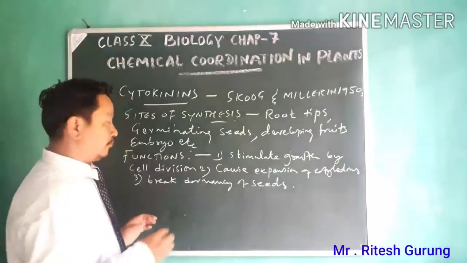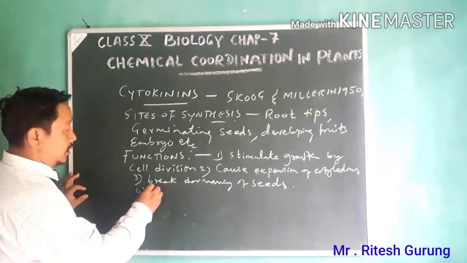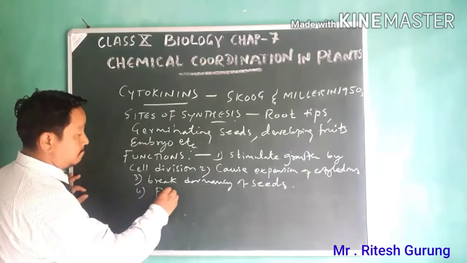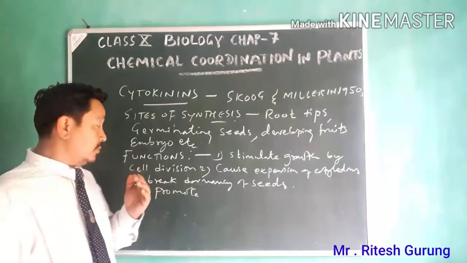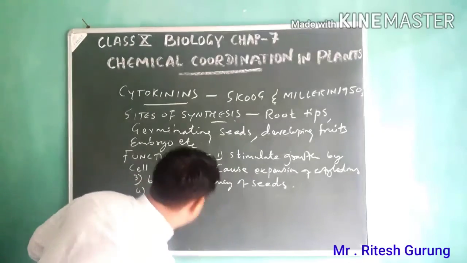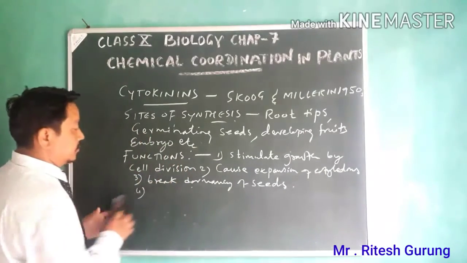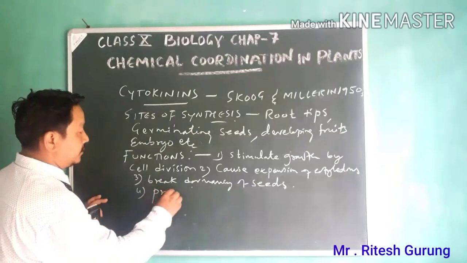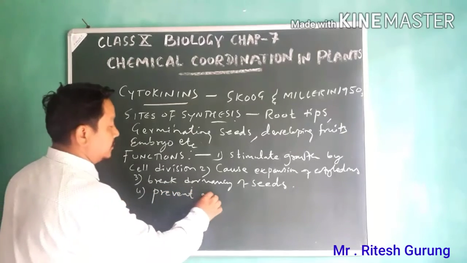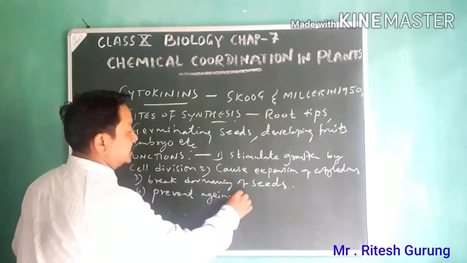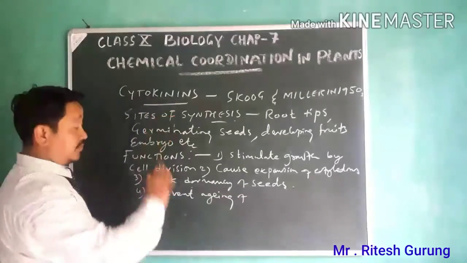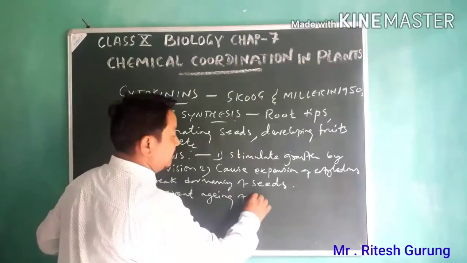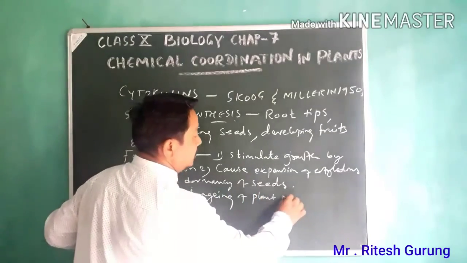Then, number 4, let me correct it: they prevent aging. This hormone prevents aging of plant parts.